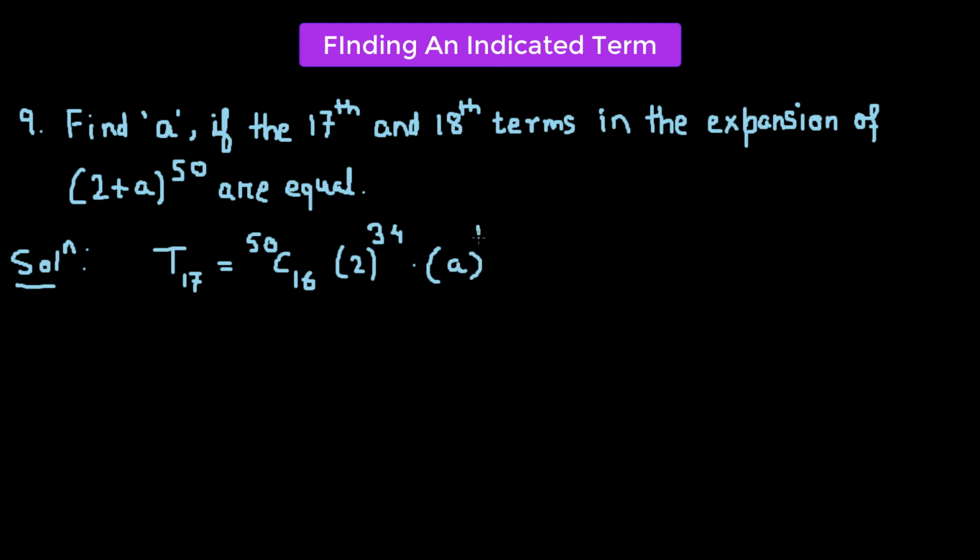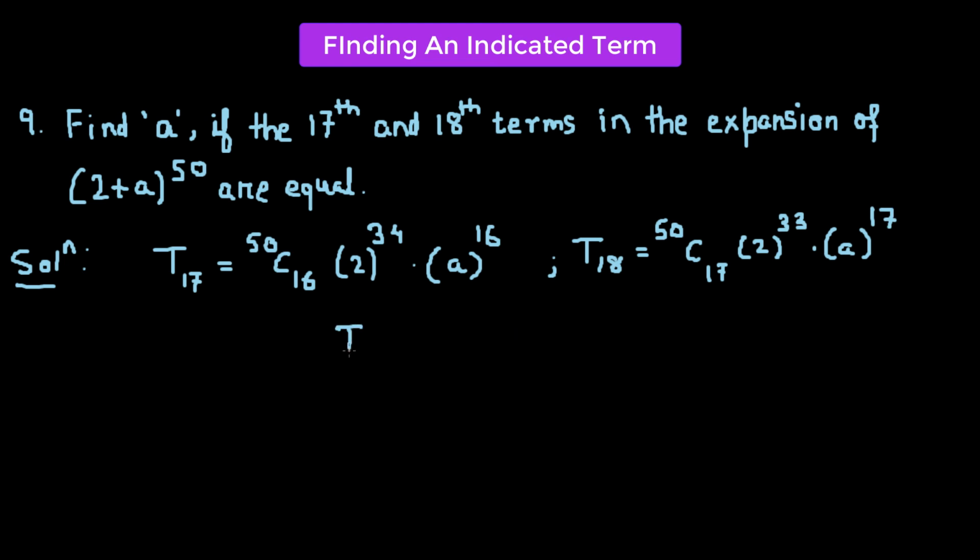times a raised to the power of 16, and the 18th term will be equal to 50C17 times 2 raised to the power of 33 times a raised to the power of 17.